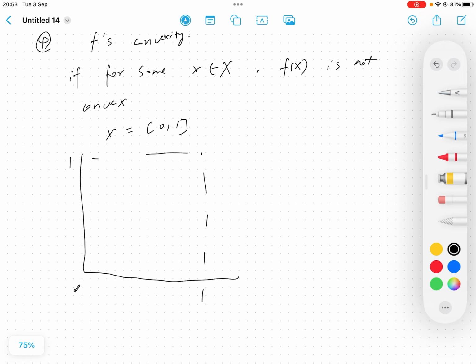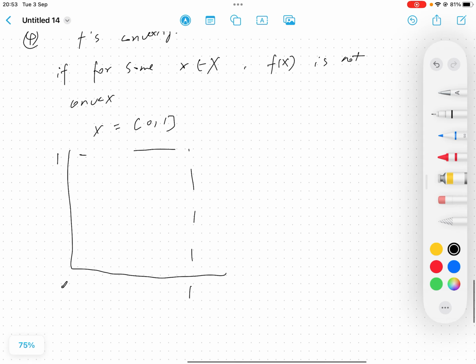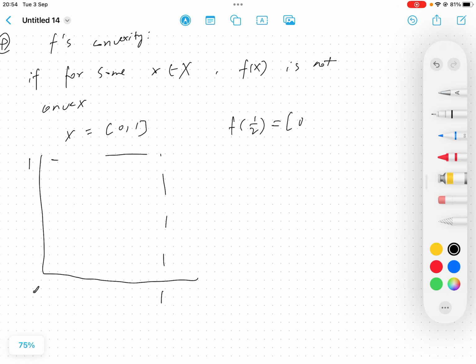0 and 1 again. However, let's suppose f of a half is something like this. It's a union of two sets, from 0 to 1/4 and union 3/4 to 1.